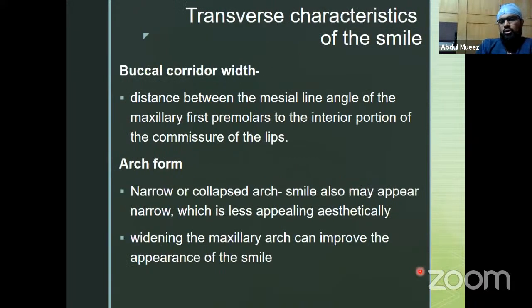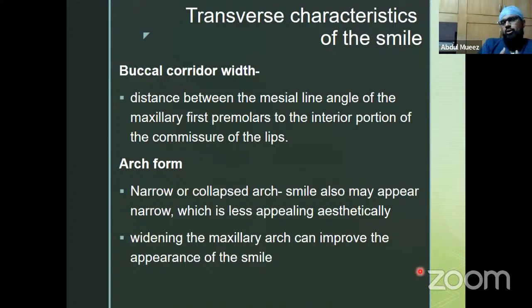Next thing is, when the patient is smiling, that is the vertical dimension, you see the teeth, you see the gums. What is the thing which you see in the transverse direction? You see the buccal corridor space. Buccal corridor space is nothing but the space between the maxillary premolars and the inner portion of the commissure of the lips.